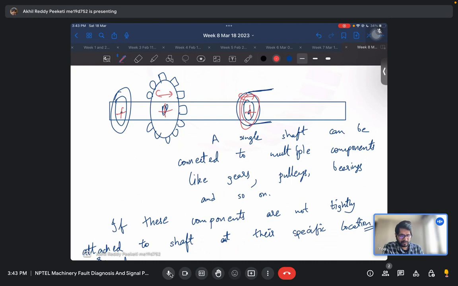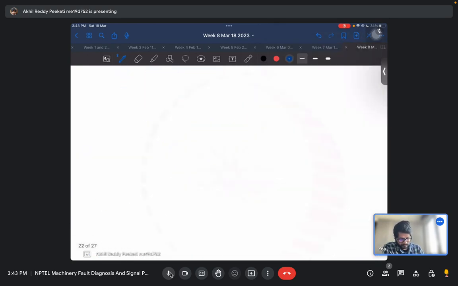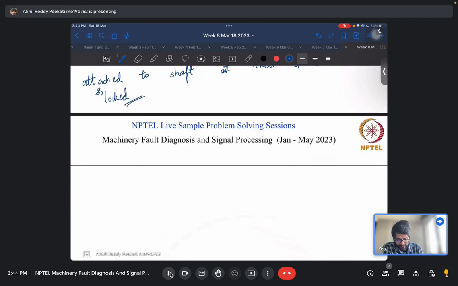Like this pulley, during the rotations, can actually move to here. So if this moves, it can impact a different component. This pulley or this bearing or this gear can move and impact this system. So if they are not locked, that is, they are loose. So this is looseness. Then these components can hit one another.